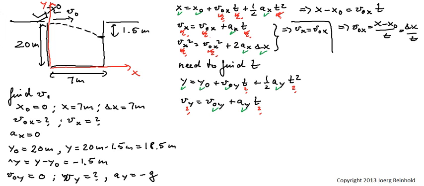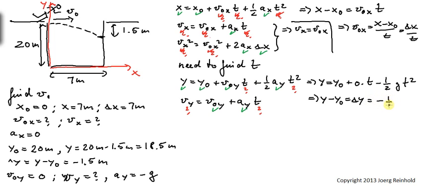If we plug in the things that we know, from that it follows y equals y0 plus v0y, which was 0, times t, and then we have minus 1/2 g times t squared. So from that it follows that y minus y0, which is just delta y, is minus 1/2 g t squared.